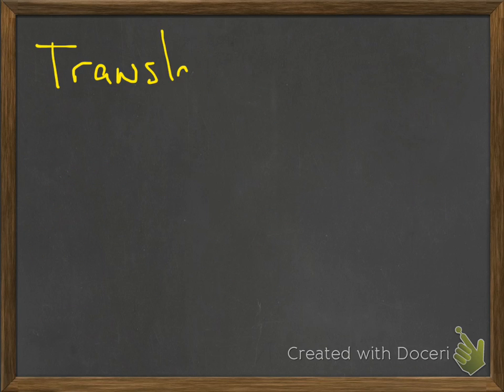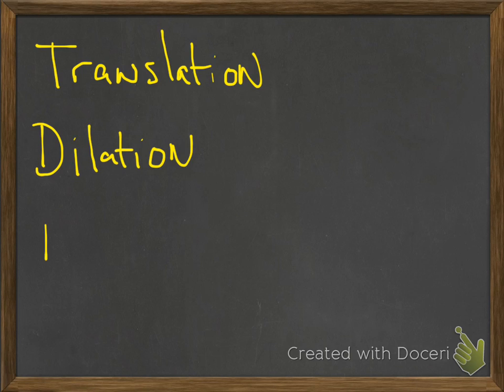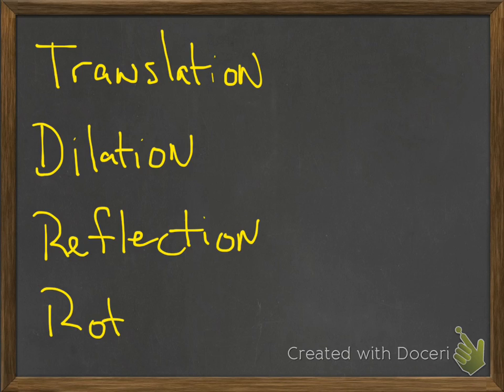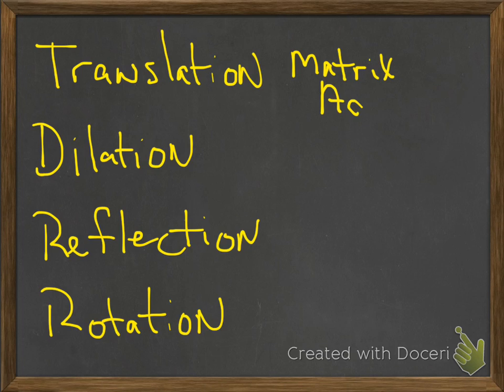Okay, so again, our transformations are translation, dilation, reflection, and rotation. Those are the 4 transformations that we deal with. And we're going to look at those today. A translation is just matrix addition, which we covered in 4-1.